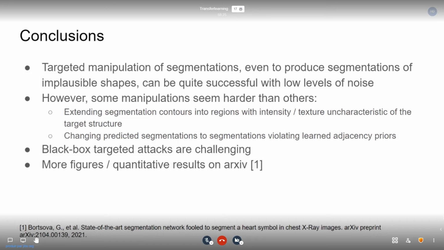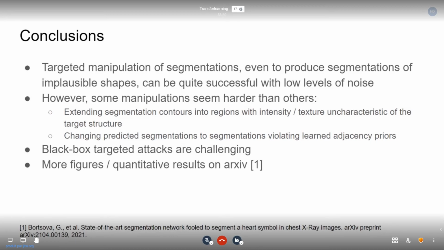However, we noticed that some manipulations are harder than others. We have seen that extending the heart class far into the lung didn't always work very well, and extending lungs into background areas that are outside the body of the patient also didn't work very well.